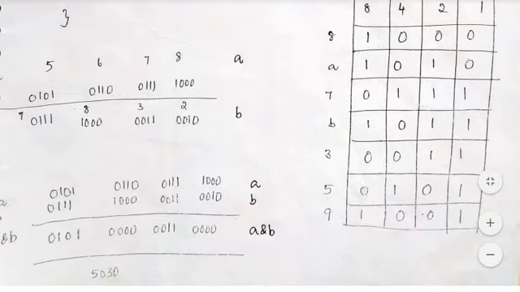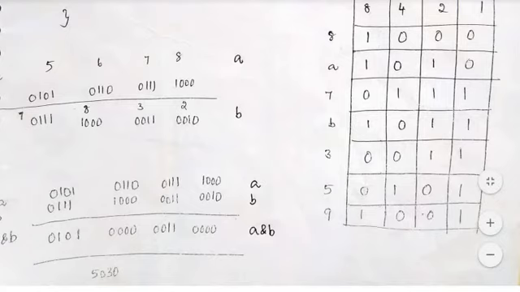If you have any doubts regarding number systems, please refer to the number system video in the playlist. So 5 is 0101, 6 is 0110, 7 is 0111 and 8 is 1000. Similarly B, 7832, is converted.